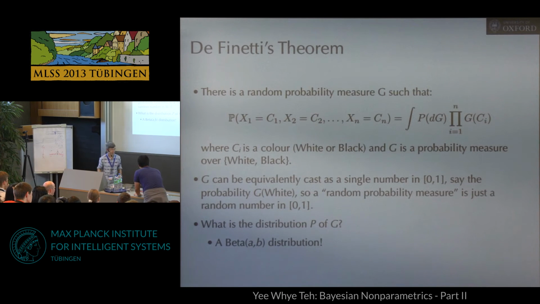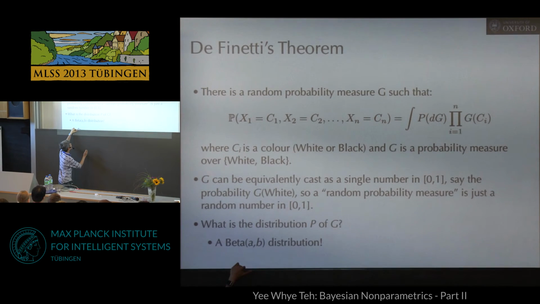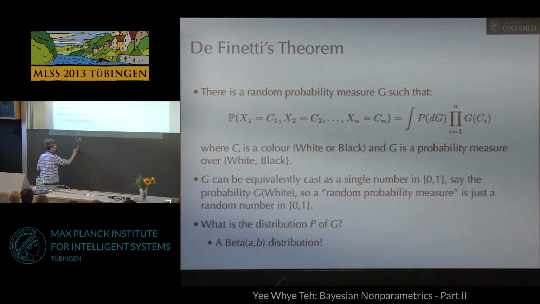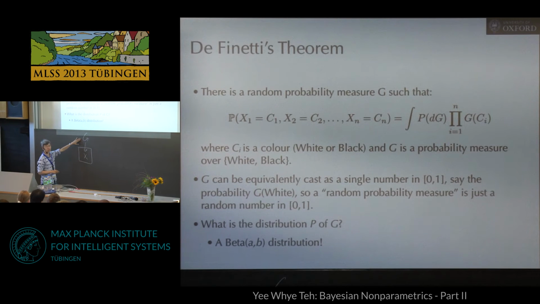It's just going to be G, and then x_i, and we have a plate over x_i. So this model is saying that we first sample G, and then conditioned on G, our x's are going to be conditionally IID with distribution given by G. And that's what the functional form here is saying.